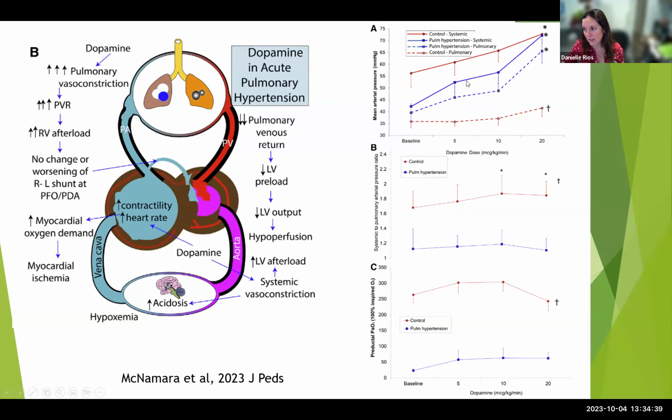And then when you added any amount of dopamine, those get significantly increased as well. But here you see that the ratio didn't actually change. So it increased both the systemic and the pulmonary artery pressures the same amount. And then there was no significant change in the PaO2, the oxygenation.